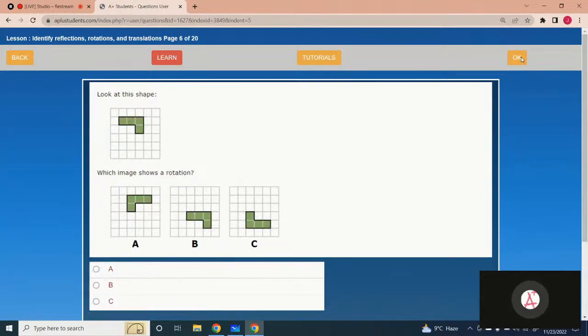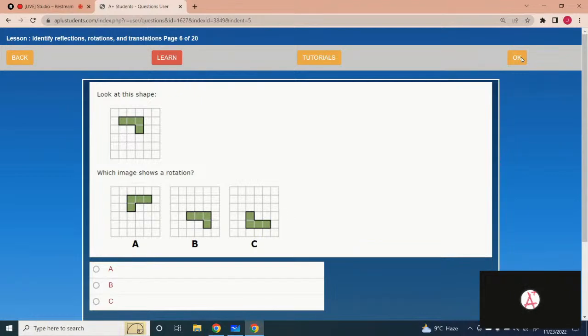Okay, look at this shape. Which image shows a rotation? A, B, C. Which of them is a rotation?